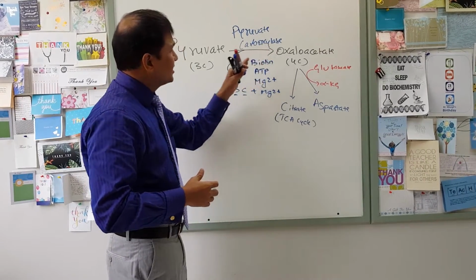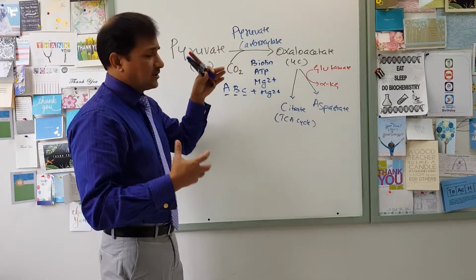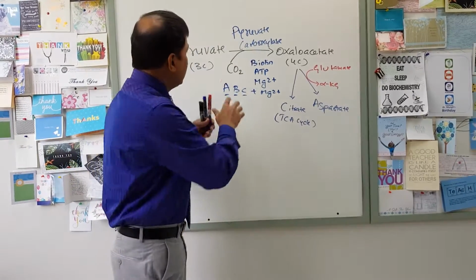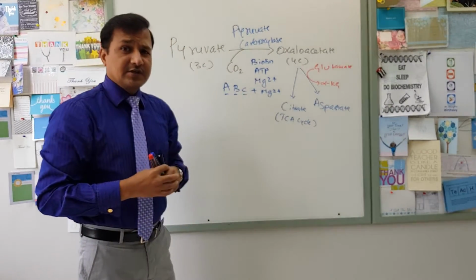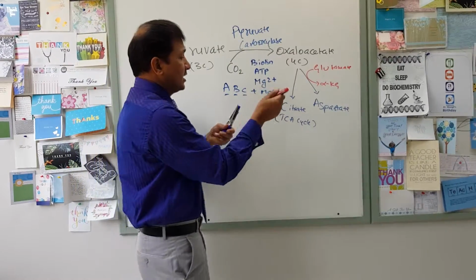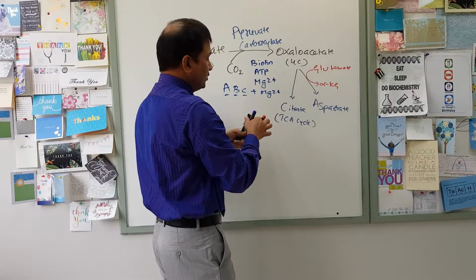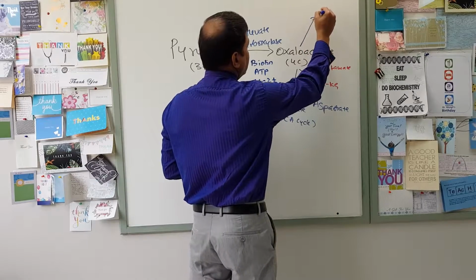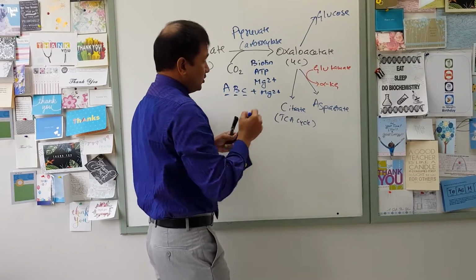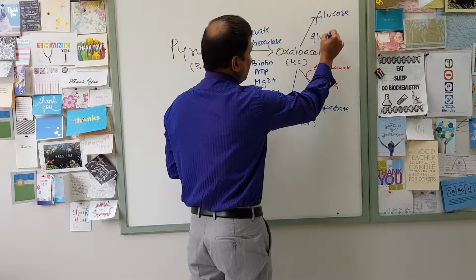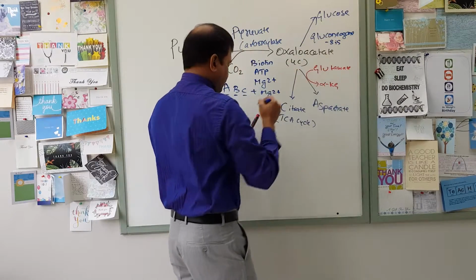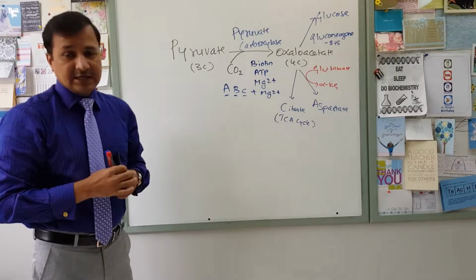That means pyruvate carboxylase is one of the important gluconeogenic enzymes. Its functioning is important because it takes pyruvate into oxaloacetate, and oxaloacetate goes into glucose formation. That's how pyruvate can be converted into glucose, and the gluconeogenesis process needs the pyruvate carboxylase enzyme.